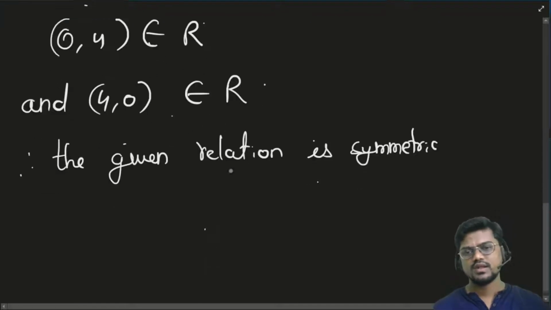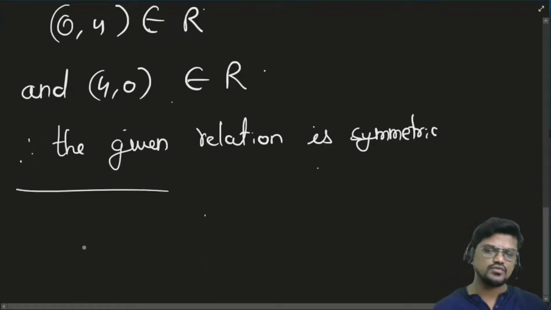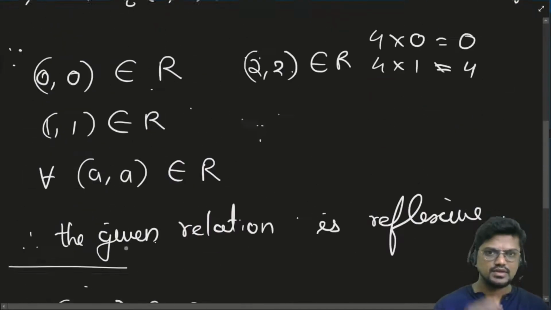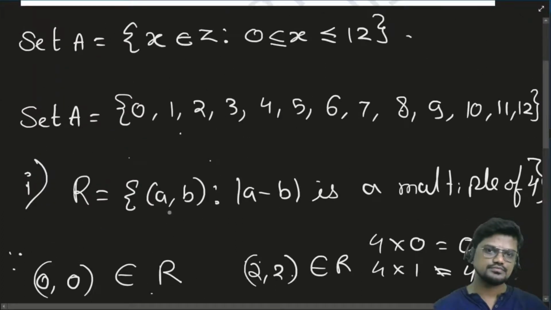Okay, very good. Now, let us check for transitivity of the relation. I need only one pair, right?